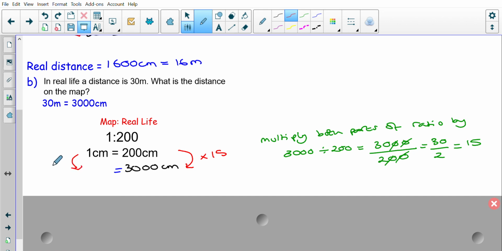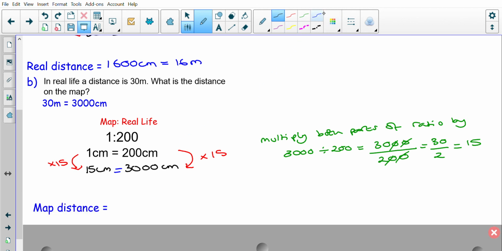So therefore I need to multiply the left side, or the map side of my ratio, by 15. 1 times 15 is 15. So I can see now that my 3,000 centimetres, or 30 metres in real life, would actually be 15 centimetres on the map. So my final answer, my map distance, is 15 centimetres. Now you should be able to have a go at question 4 on the Hyper Challenge.